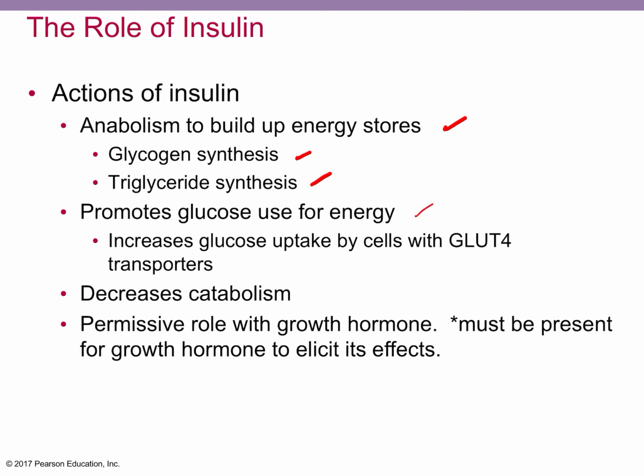It's going to help cells take up the glucose with GLUT4 transporters, either by putting the transporters up on the cell membrane, or it can actually promote the DNA expression, transcription, and translation of your GLUT4 transporters. It's going to stop catabolism, and then here's our growth hormone permissive relationship.